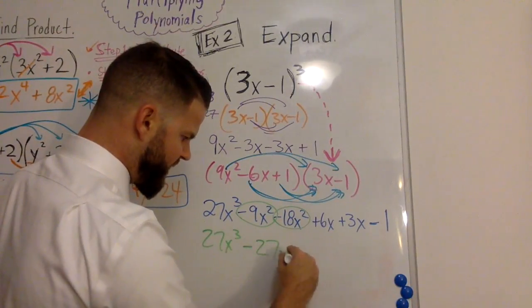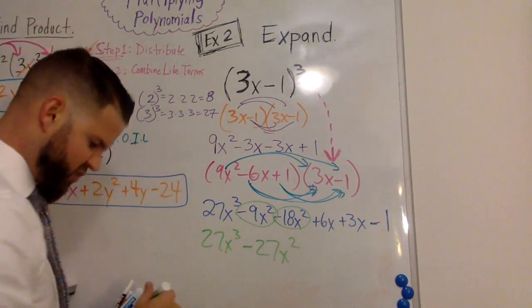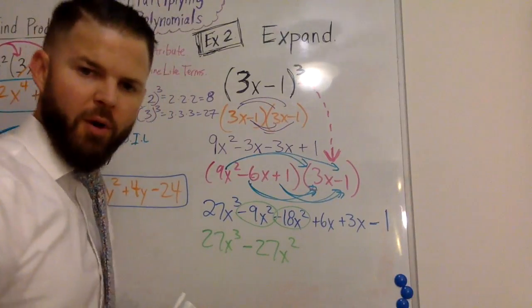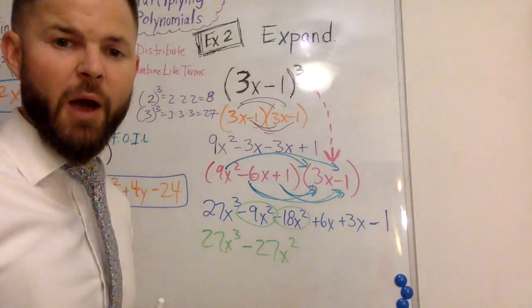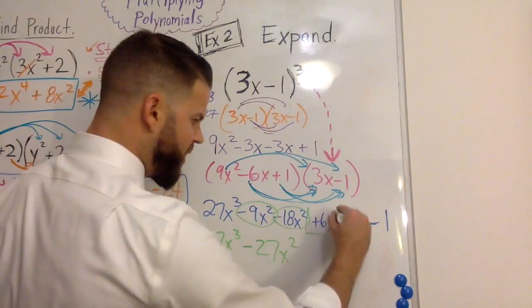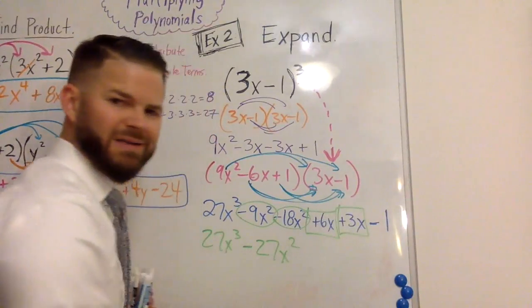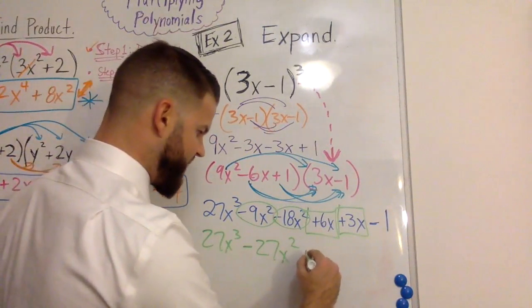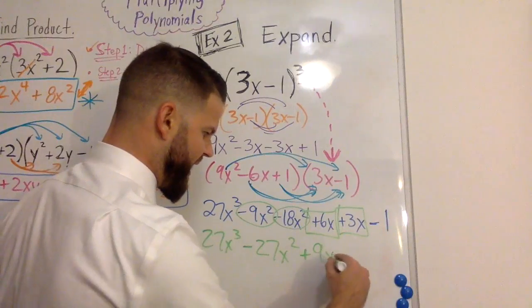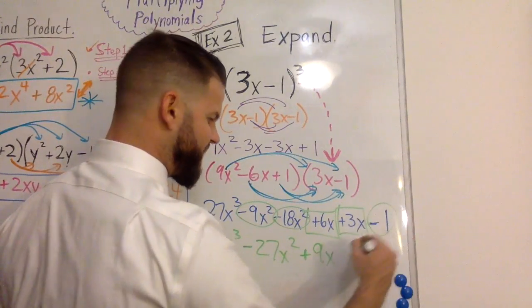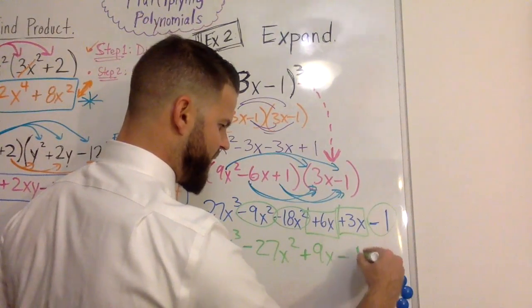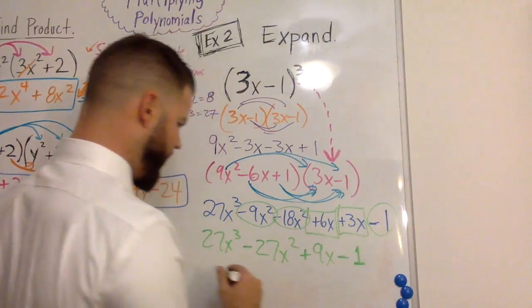So what's that? That appears to be a negative 27x squared. Keep it moving. Any x to the powers of 1? Yeah, we sure do. We got these guys in the boxes, so that gives me a 9x. And last but not least, we got this guy with no friends and no variables, just that plain old 1.